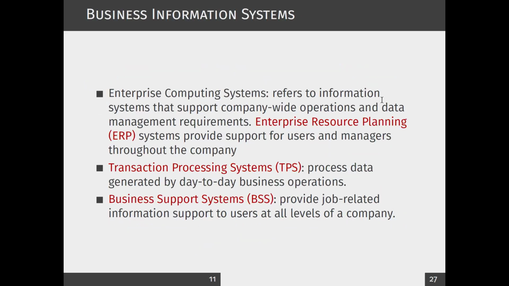Right. So we will use different types of information systems. If you're using one single information system everywhere, this is called an enterprise computing system, which will cover company-wide operations. And usually, some of the big organizations have what we call ERP systems.